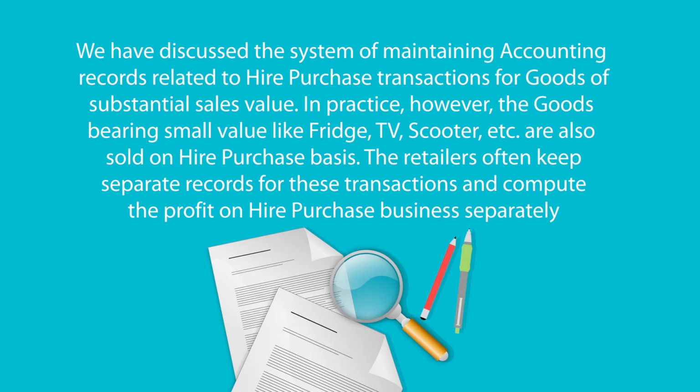So the retailer often keeps separate records for these transactions and computes the profit on hire purchase business separately. From this lecture onwards, we will study how the transactions are recorded under the hire purchase system in the case of products having small values.